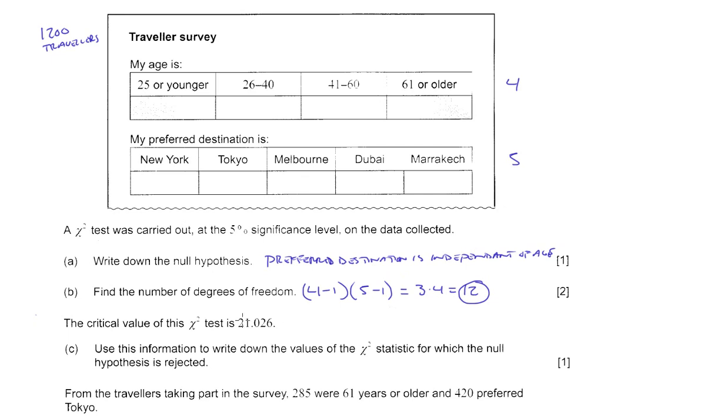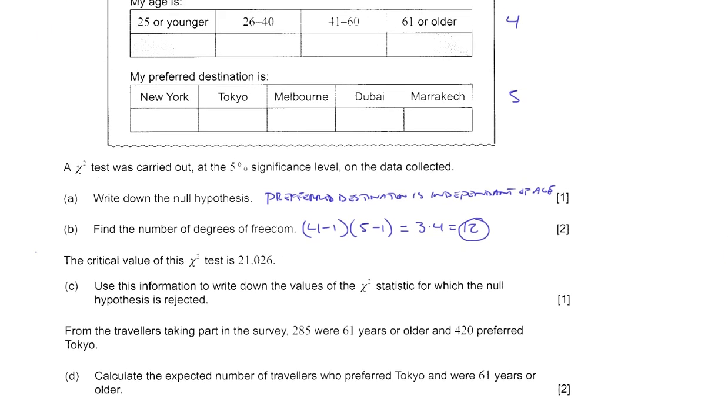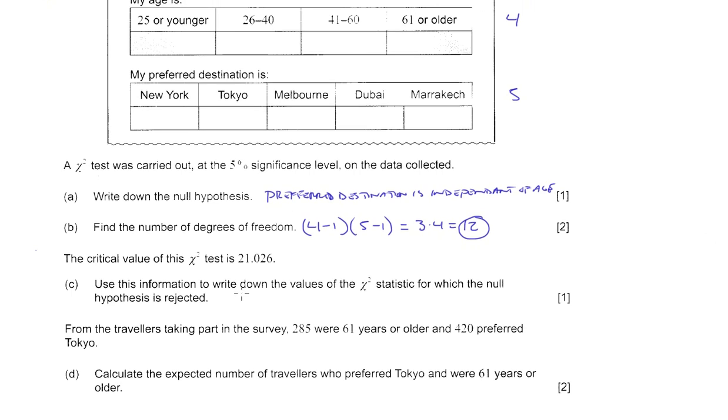The critical value of this chi-squared test is 21.026. Use this information to write down the values of the chi-squared statistic for which the null hypothesis is rejected. The null hypothesis is rejected when chi-squared calc is greater than the critical value.